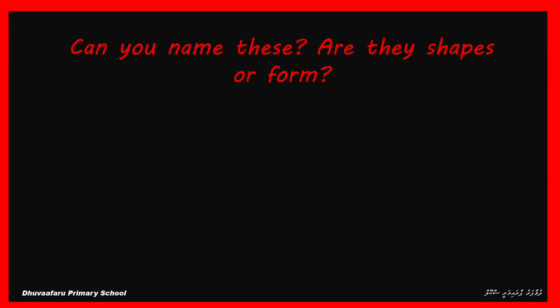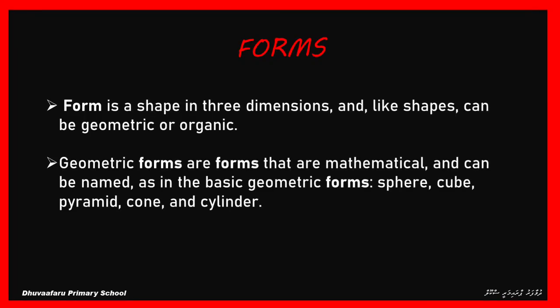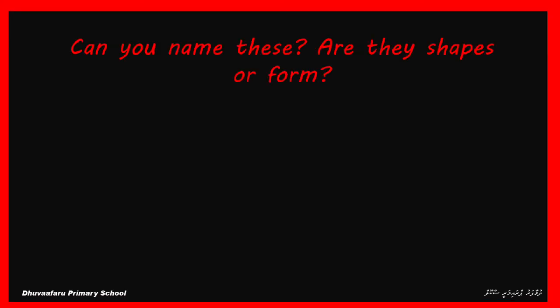Geometric forms are mathematical and can be named as the basic geometric forms: sphere, cube, pyramid, cone, and cylinder. Students, can you name these and tell whether they are shape or form?